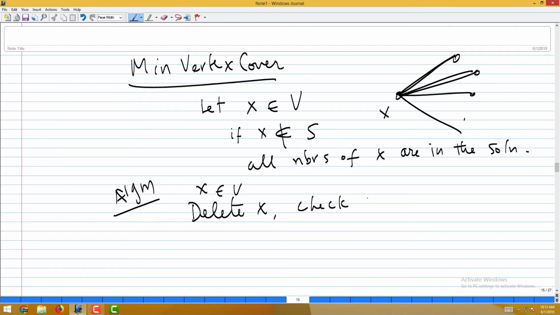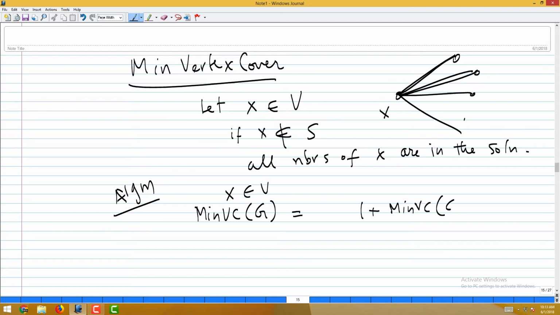Why don't I write a one line algorithm: minimum vertex cover of G, sort of like the dynamic program kind of thing, in branching, is equal to, where x is some vertex but not isolated, 1 plus minimum vertex cover of G minus x, or degree of x plus minimum vertex cover of G minus neighborhood of x.